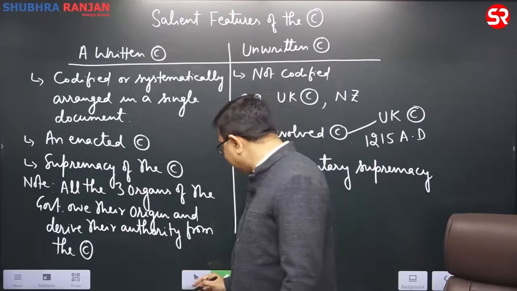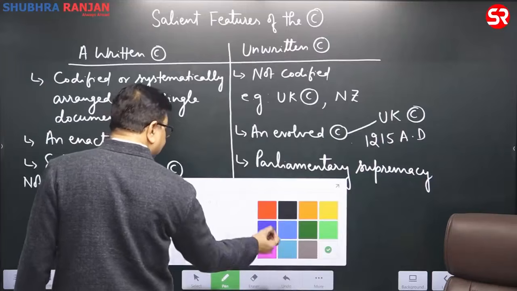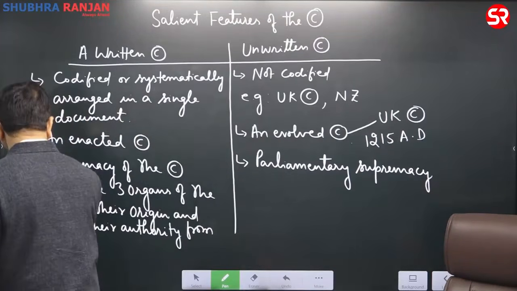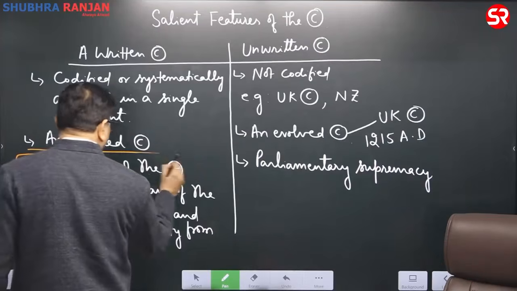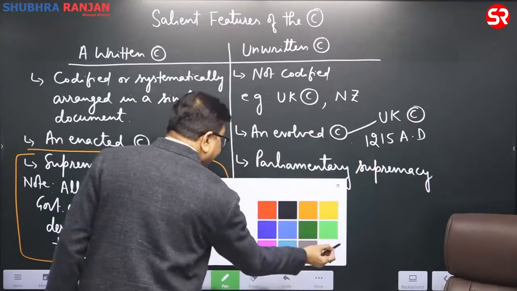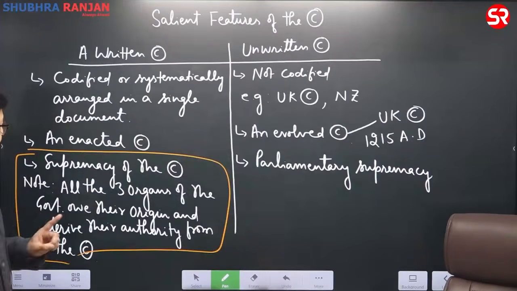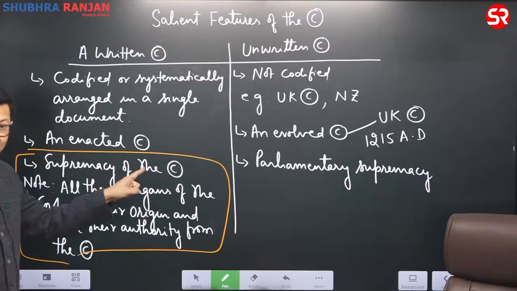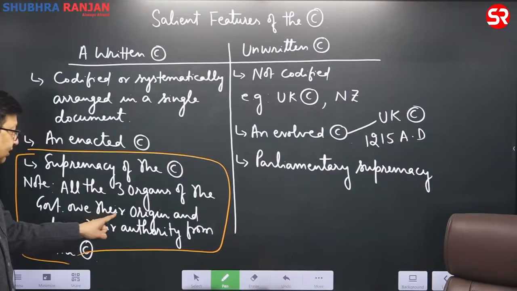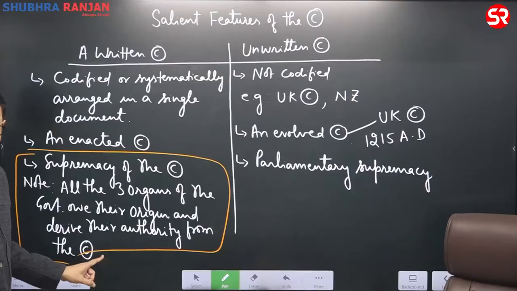Such questions are asked in the reasoning assertion portion, that in a written constitution there is supremacy of the constitution, and the logic: all the three organs of the government owe their origin and they derive their authority from the constitution.